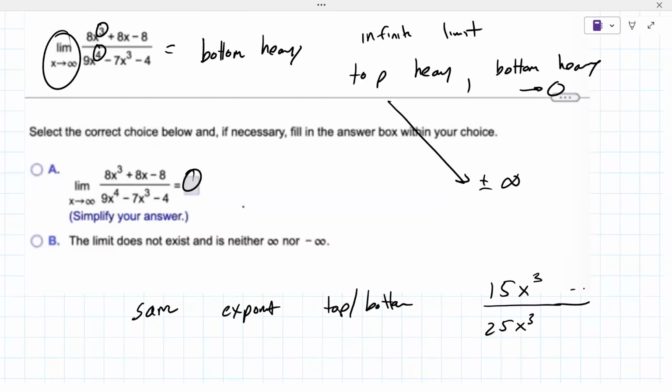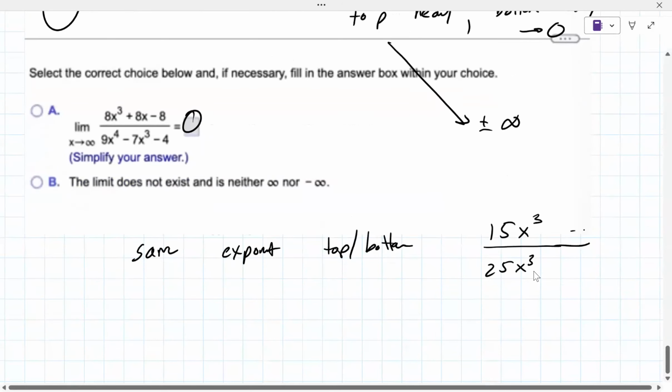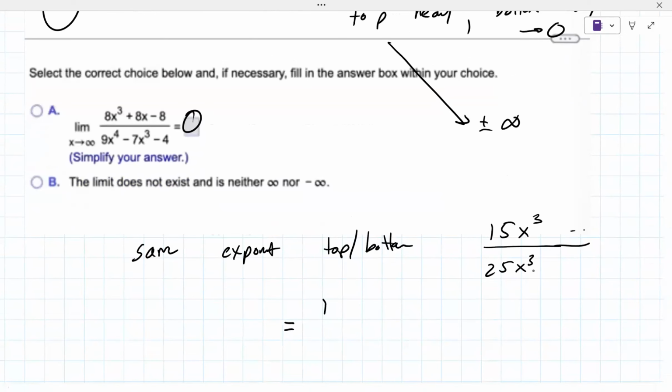This would be an example of it being the same top and bottom. The limit goes to the ratio of the leading coefficients. And then you do want to simplify, this would go to 3/5, if it does simplify.